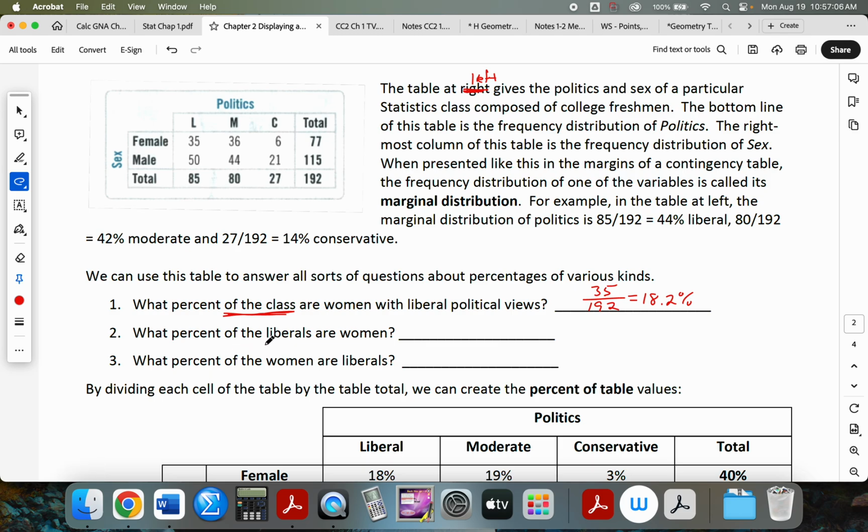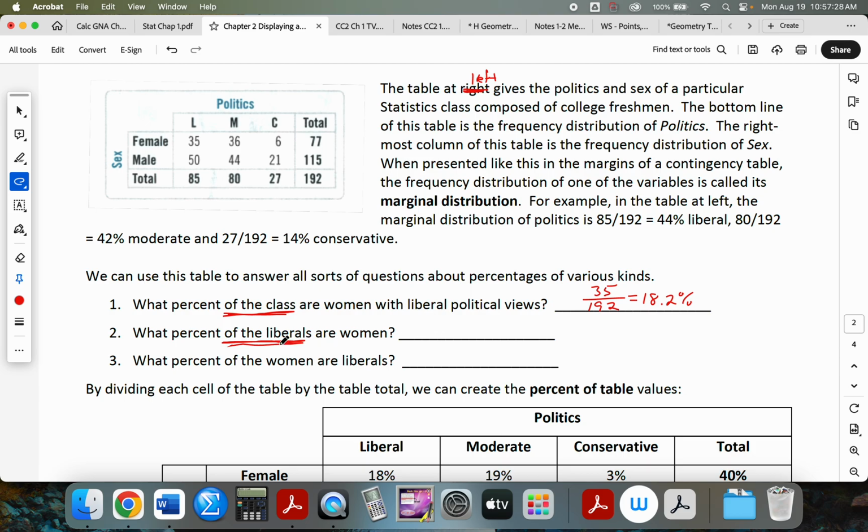Now, here's where it gets interesting. For these next two questions, it's really easy to think that they should be the same. What percentage of the liberals are women, and what percentage of the women are liberals? It's the "of the whatever" that's really important. What percent of the liberals? The "of whatever" is like the denominator.